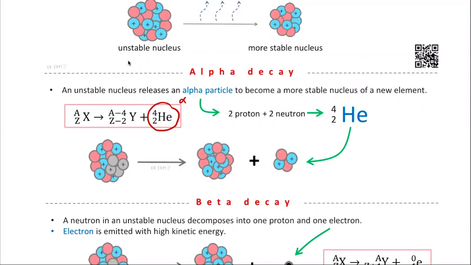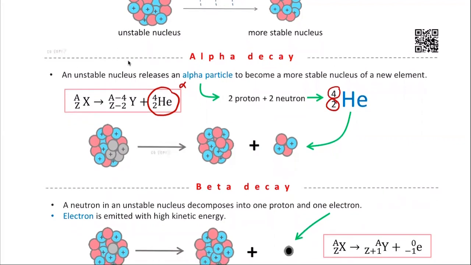Helium-4 2 means that it has 2 protons. This number 2 here means the number of protons. And 4 means the nucleon number, which consists of 2 protons and also 2 neutrons. Right, so that one is for alpha decay.